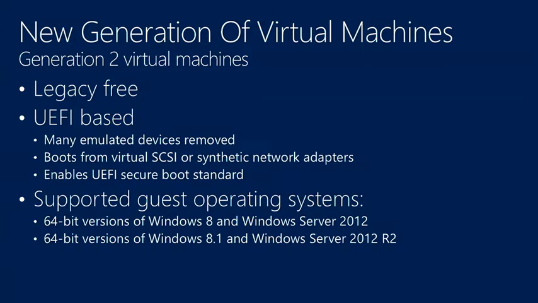Today, Windows as an operating system is innately aware of when it's running on a virtual machine, and it behaves differently in order to perform well inside of one. So a Generation 2 virtual machine is a virtual machine where we put away all of the pretense of pretending to be a physical machine, and we just say, you know what? It's just a virtual machine. No emulated devices, no goofiness, pure virtual machine. I'll show you what that looks like in a moment.